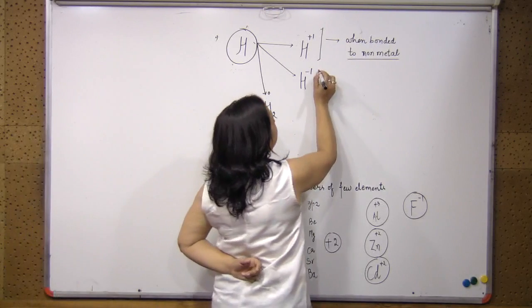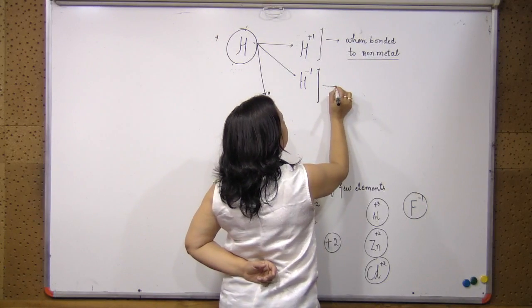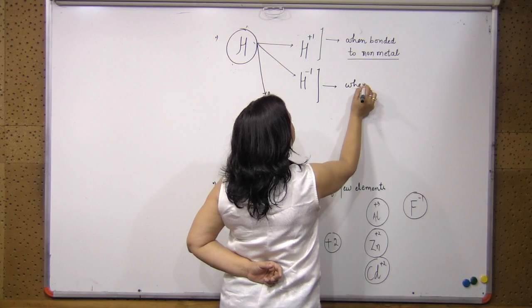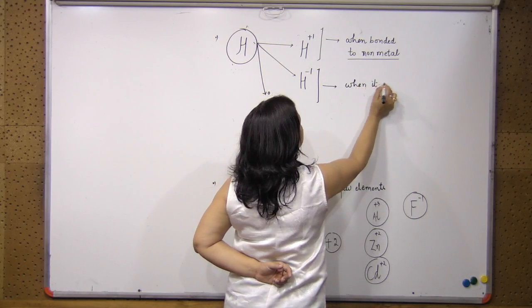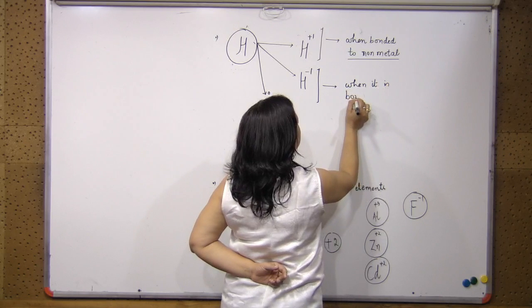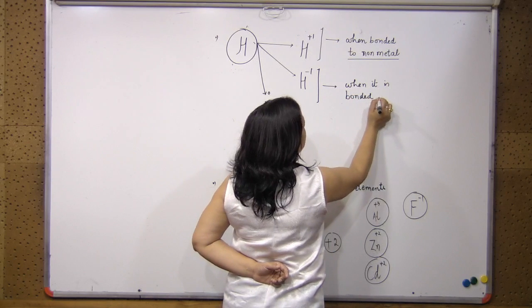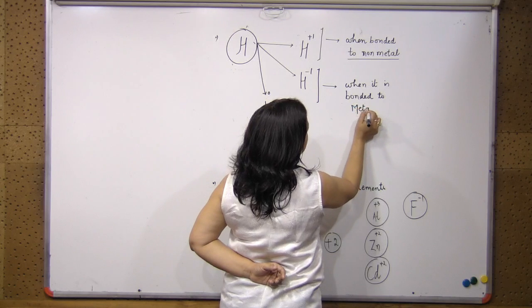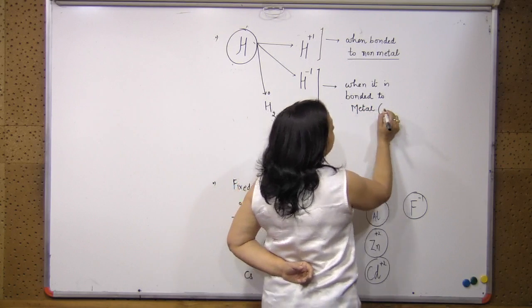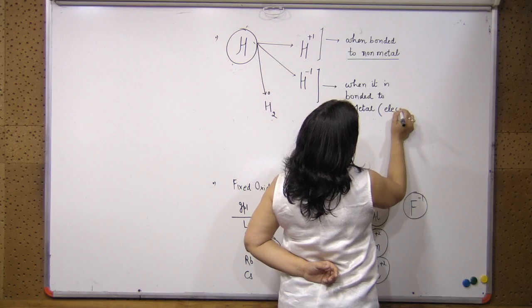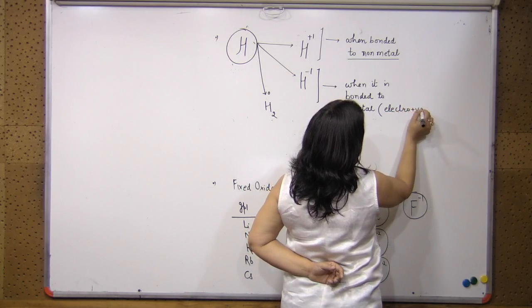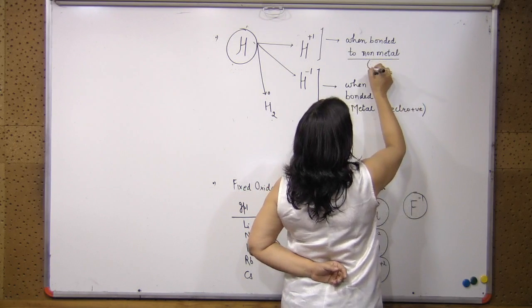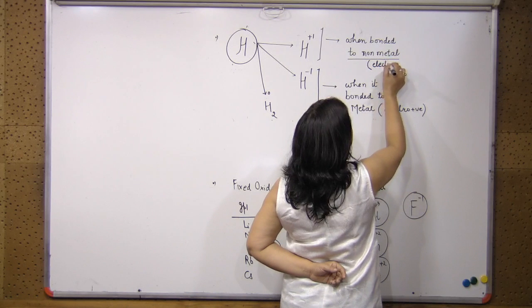Hydrogen is -1 when it is bonded to a metal. Metal we can say is an electropositive element, and non-metal is an electronegative element.